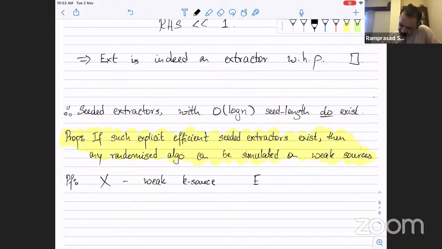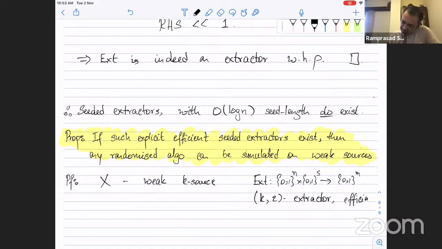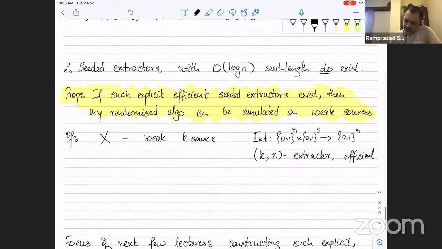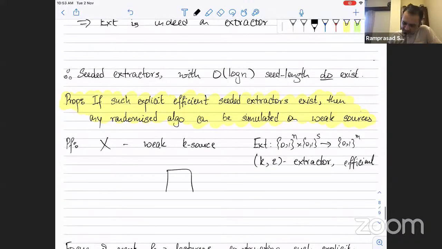And I give you access to a seeded extractor, from {0,1}^n times {0,1}^s to {0,1}^m. So this is a (k, epsilon) extractor. And I promise you that this is also efficient. And there was some randomized algorithm A that needed m random bits.